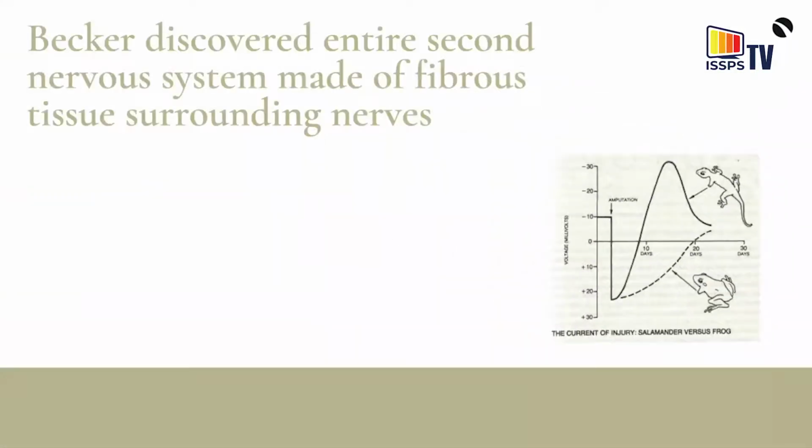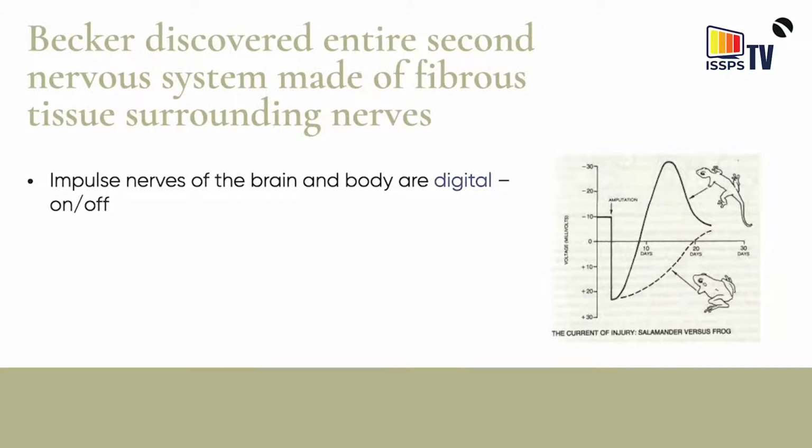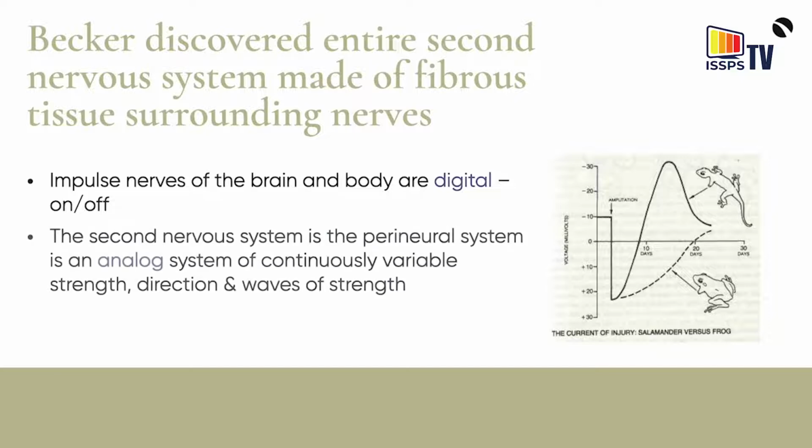As we know, the impulse nerves of the brain and body are digital. We all remember the all or nothing principle of nerve conduction. Becker discovered and described an entire second nervous system of fibrous tissue surrounding nerves, which he named the perineural system.